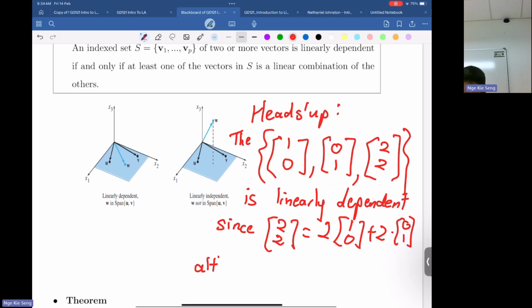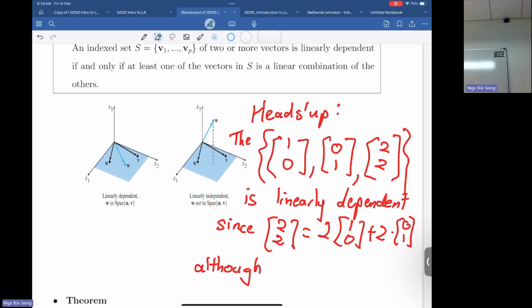Although we know that, pick any two of them, they should be linearly independent. Can you try and show it? Pick any two of them and you'll see they are linearly independent.